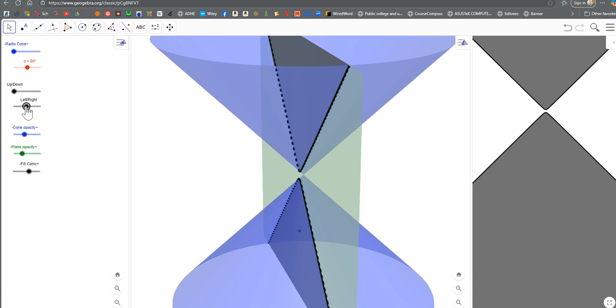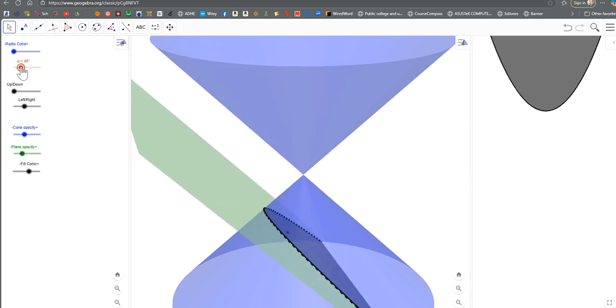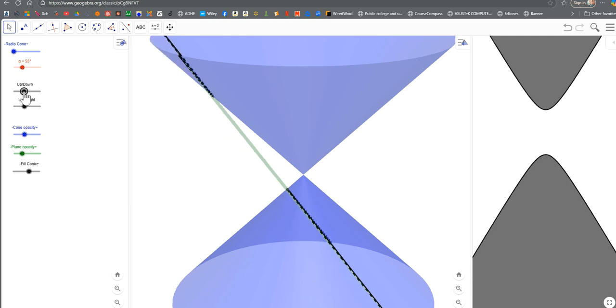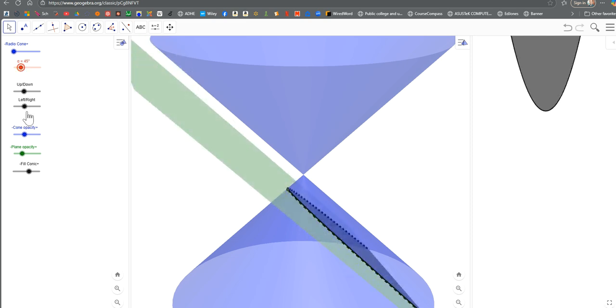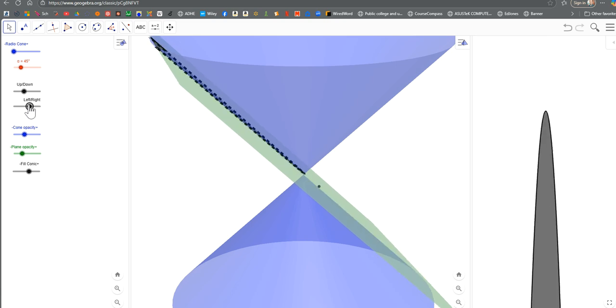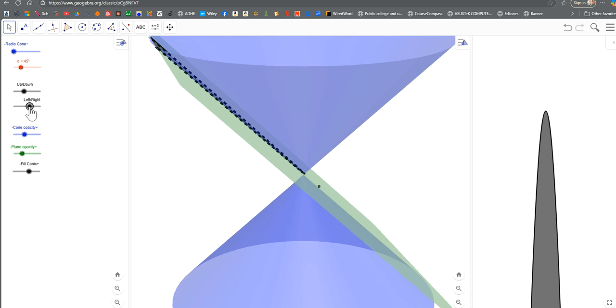I'm not sure if I can figure out a way to get this rotated just the right way. Okay, I need to rotate a little more. Okay, somewhere about right there. Oh, I had it for just a second.